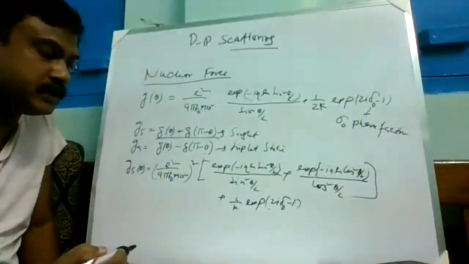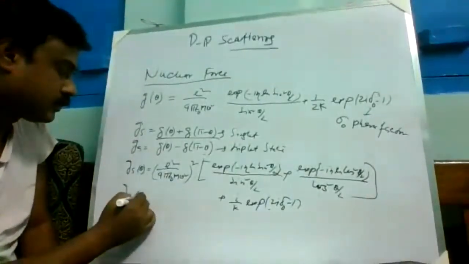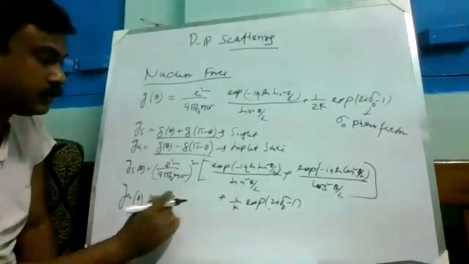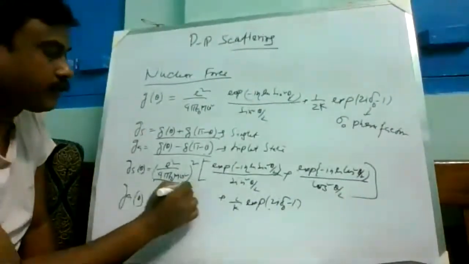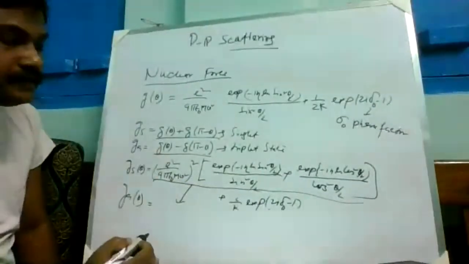G_S will be equal to this, and G_A will be equal to this. We substitute this, and this will be equal to simply this term. Only this term will be there with a negative sign.